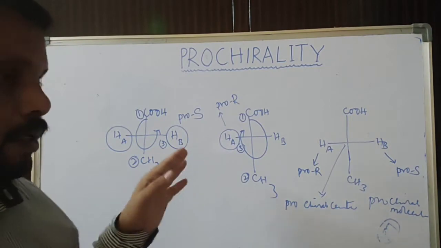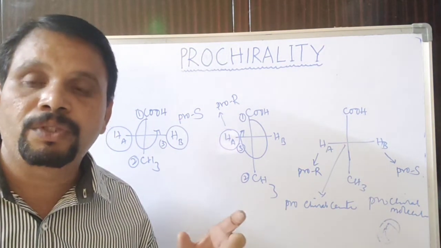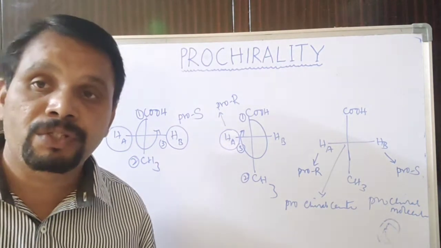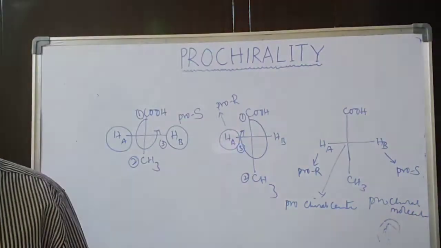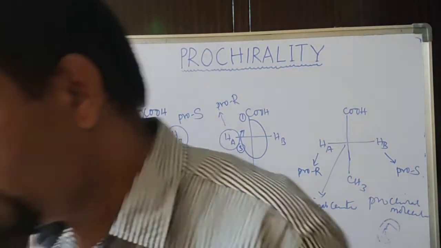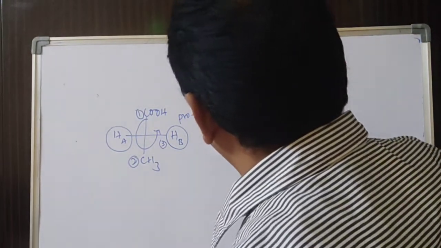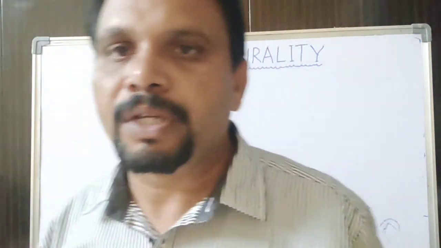So these are the methods or steps you need to follow to give notations or discriminations for stereoheterotopic units. Okay, so I'll give you some more examples.